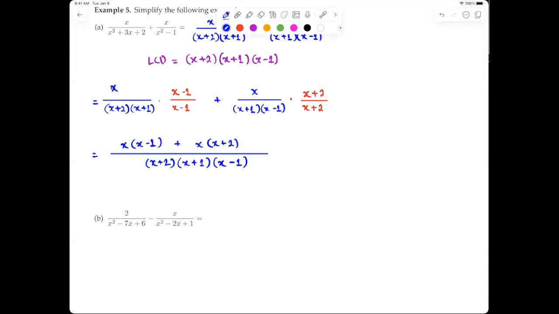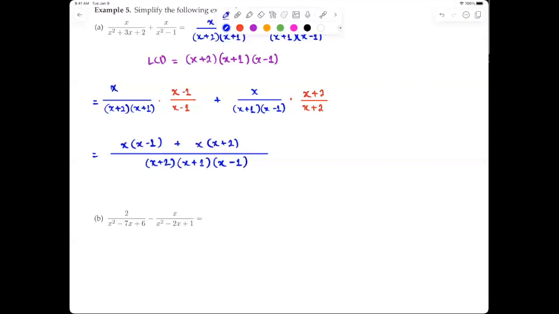Questions? Concerns? All right. So now the last step is to simplify the numerator as much as you can. Okay. So to do that, I just do x into parentheses, this x into parentheses.